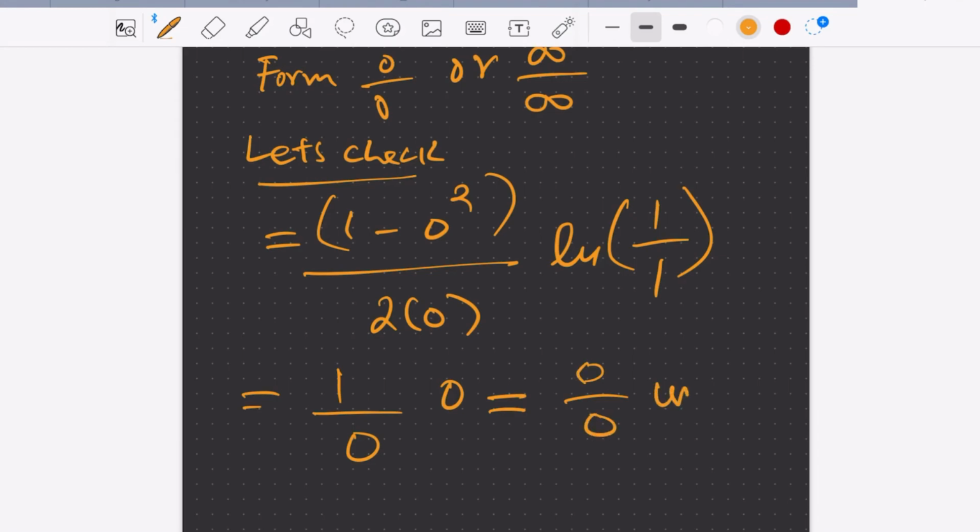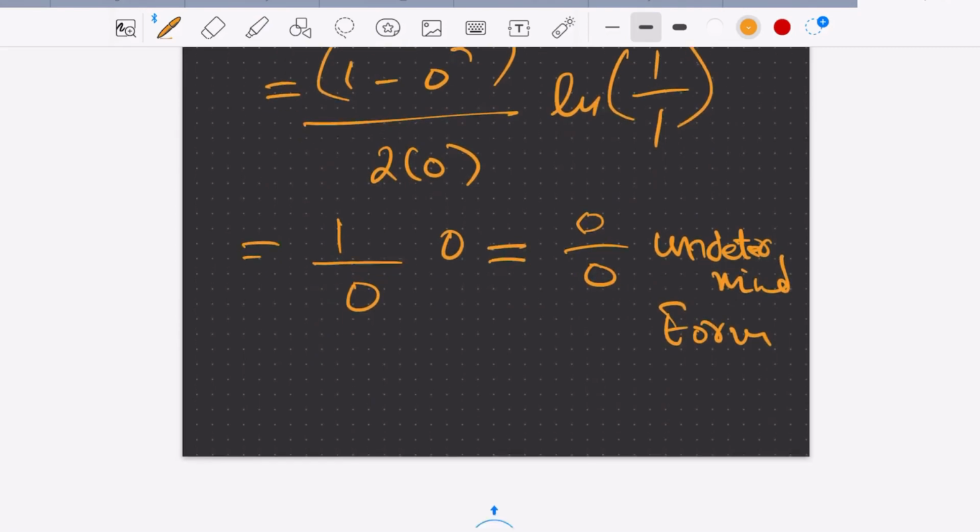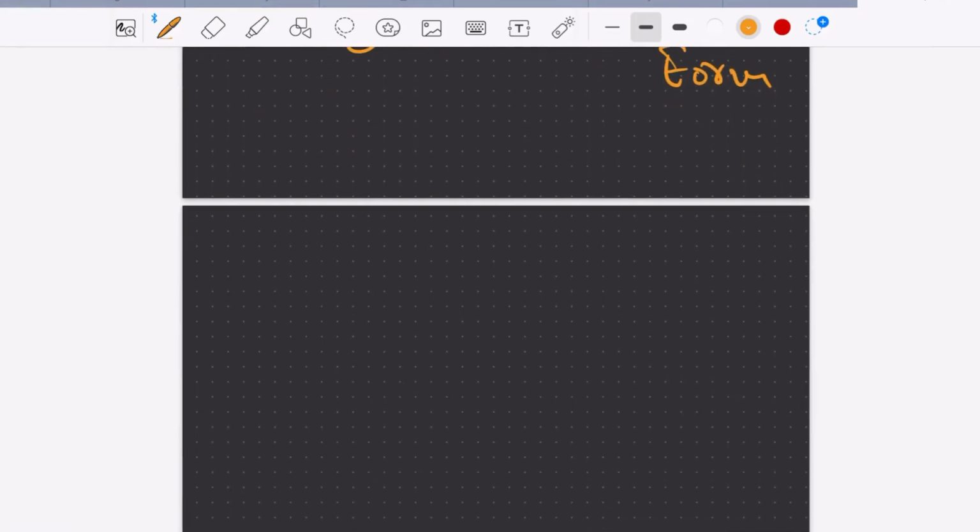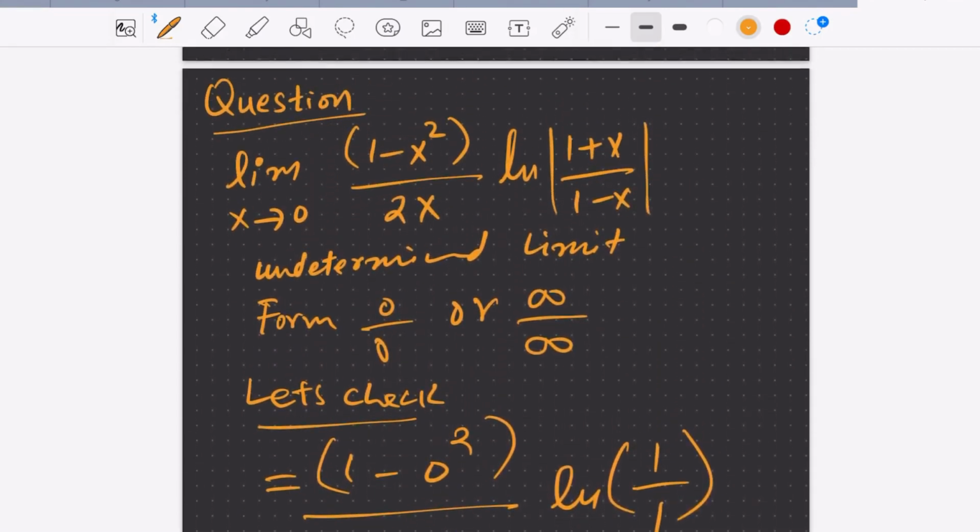So it is an undetermined form because it's giving me 0 over 0. So now we use L'Hopital's rule to solve this same problem, and we will get an answer.